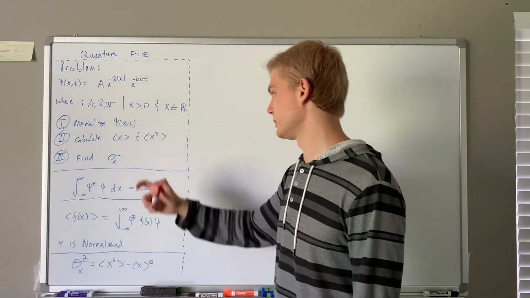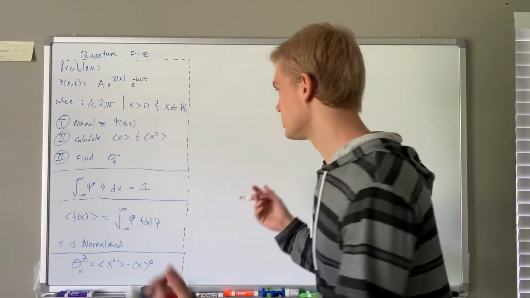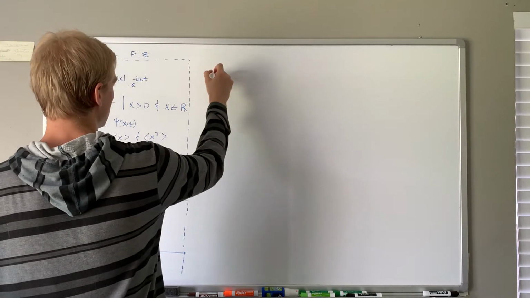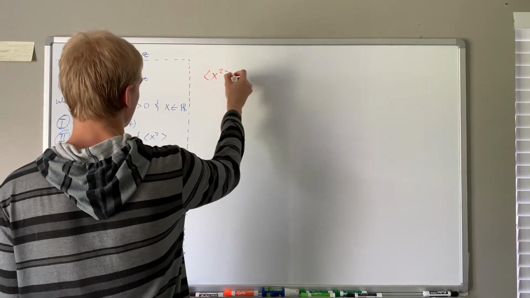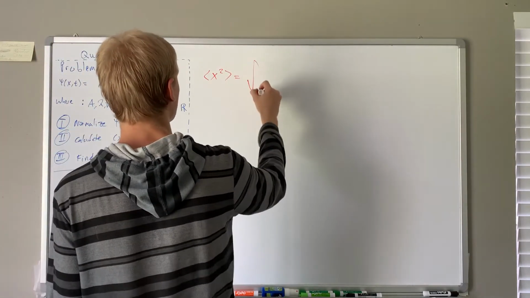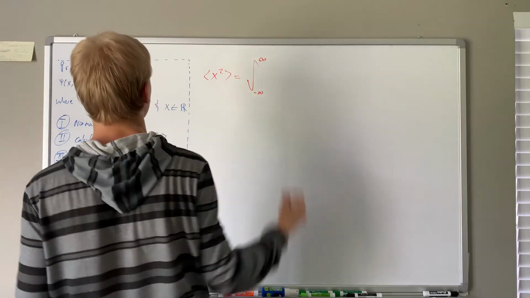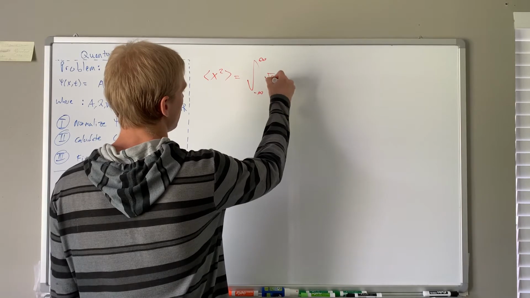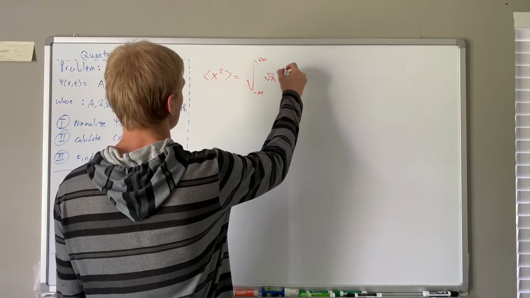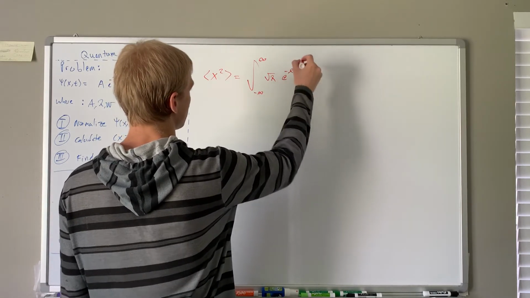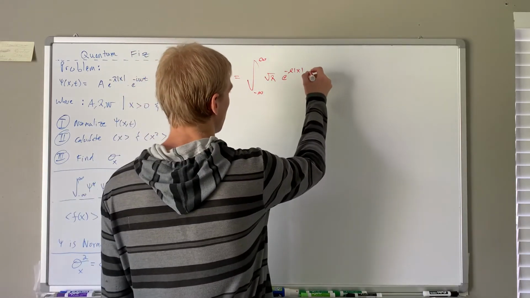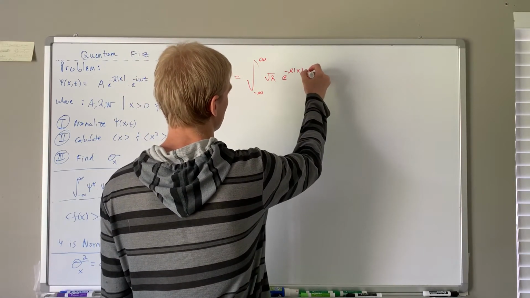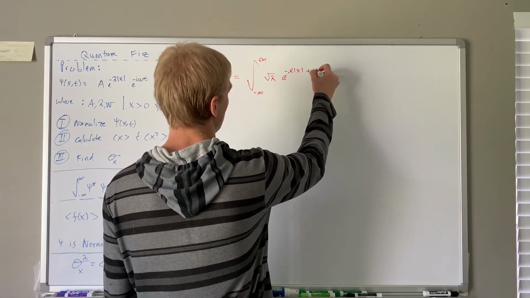Alright, so now for this one, you do the same thing. You start out the same way. This time it's x squared, and maybe I'll write it out a little more this time. So the conjugate is the square root of lambda e to the negative lambda absolute value of x, plus i omega t.